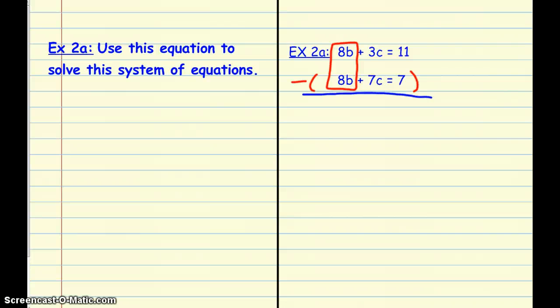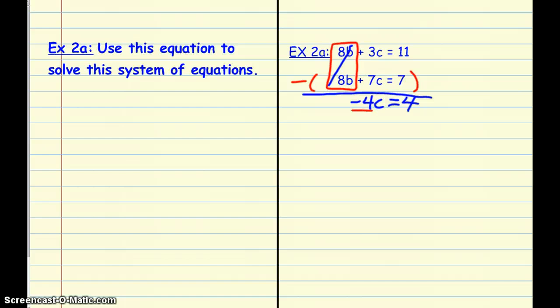So we have 8b plus 3c equals 11, and we're going to subtract 8b plus 7c equals 7. Again, we're subtracting because 8b minus 8b, those two cancel. 3c minus 7c is negative 4c, and 11 minus 7 is 4.